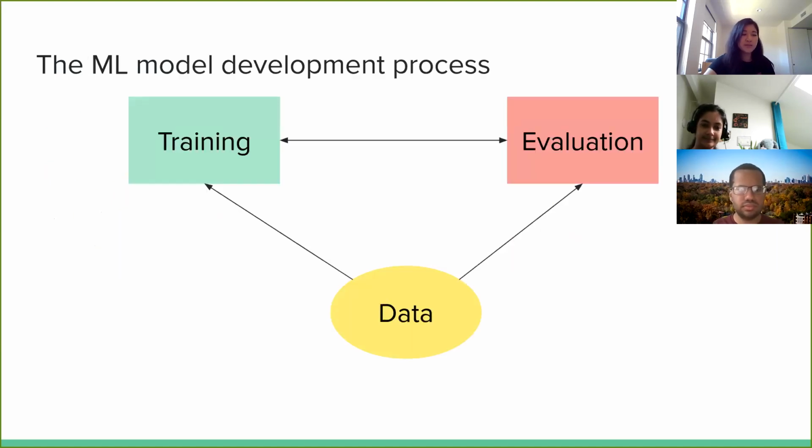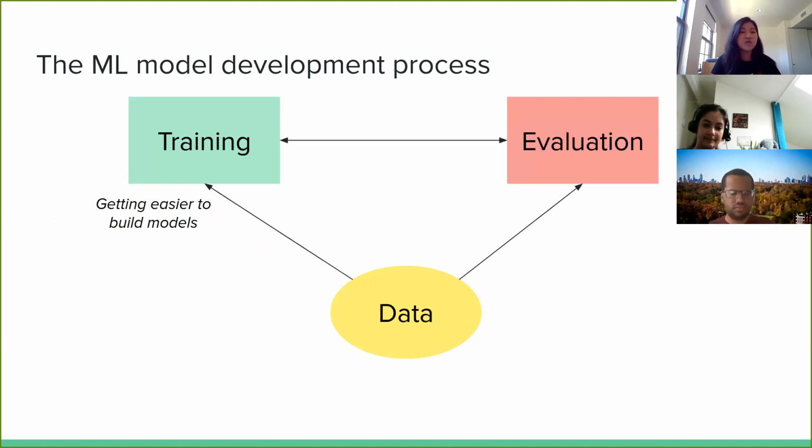So the standard recipe in building machine learning models is you have some data, you train a model on it, and then you validate the performance, using your training and validation set split. In recent years, we've seen a lot of improvement in how to build models more easily, focusing on a way that's convenient for people of different backgrounds.